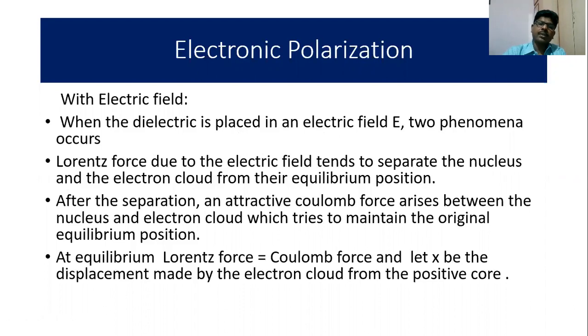After the separation, an attractive Coulomb's force arises between the nucleus and the electron cloud, which tries to maintain the original equilibrium position. At equilibrium, Lorentz force is equal to Coulomb's force, and let x be the displacement made by the electron cloud from the positive core. So at equilibrium, some amount of displacement has taken place. That displacement is taken as x.